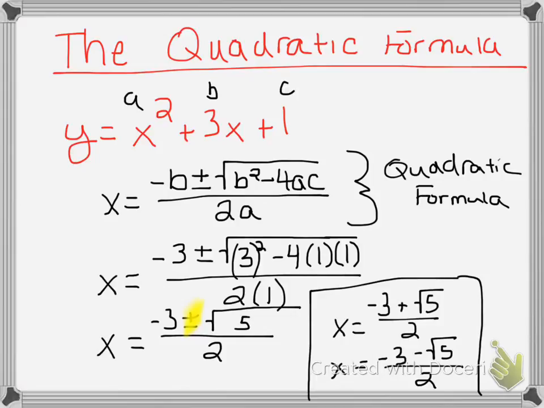So when I do that in my calculator, I get negative 0.4, and then when I do the other one, that's negative 3 minus the square root of 5 divided by 2, I get negative 2.6. So our two x-intercepts would be negative 0.40 and negative 2.60.